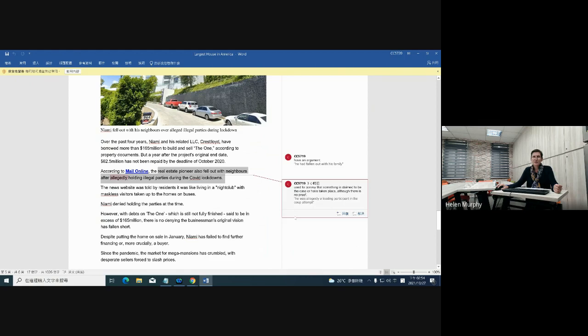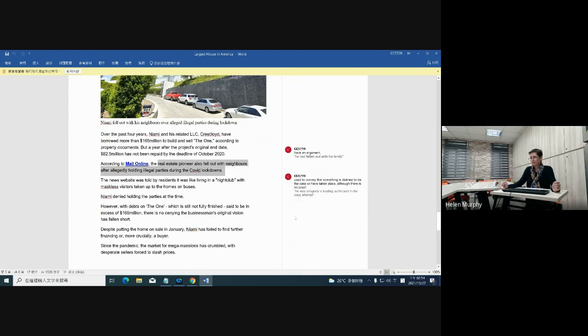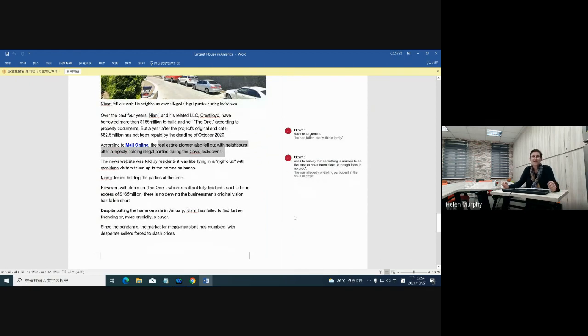Okay, and then the last piece of vocab is, after allegedly holding illegal parties. Allegedly means when we talk about something that people claim has happened, but there is no proof.